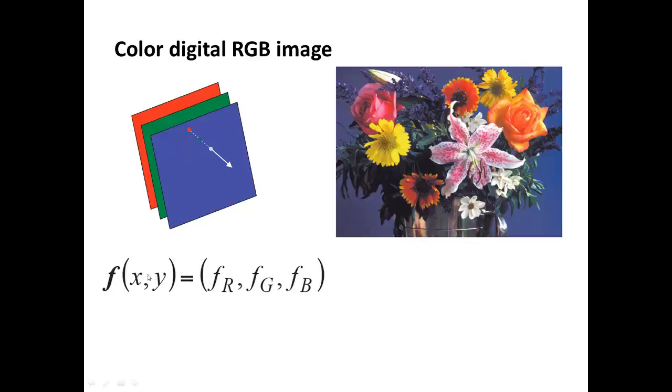So generally we can say that for each pair XY, the color image has 3 components: red, green, and blue.